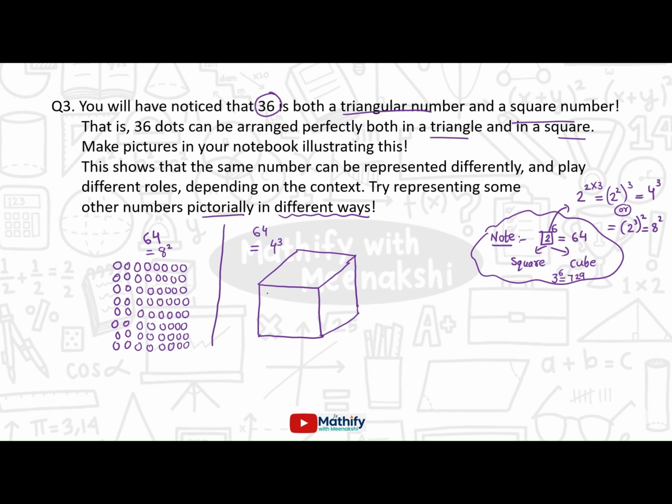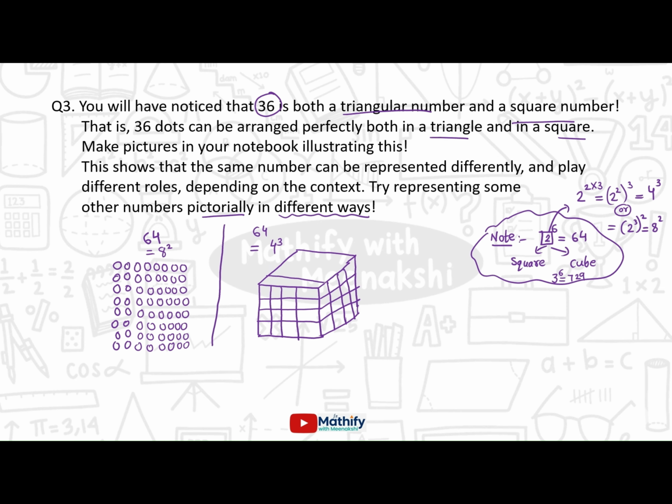Now, if it's 4 cube, you will draw 3 lines, 3 vertical, 3 horizontal, because then you will get 4 partitions like this. Similarly, you will extend this. You will use a ruler for that. I'm just drawing freehand. So your gap should be equal.